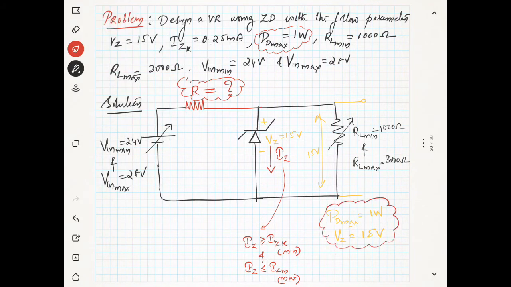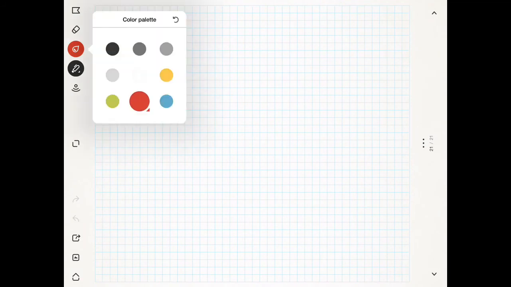Now you know the power and you know the voltage, so you can find the current maximum: IZ maximum is equal to PD max divided by VZ, which is 1 watt divided by 15 volt. So you will get this as 66 milliampere. With this notion in mind, we will discuss in detail the design of the resistance R.